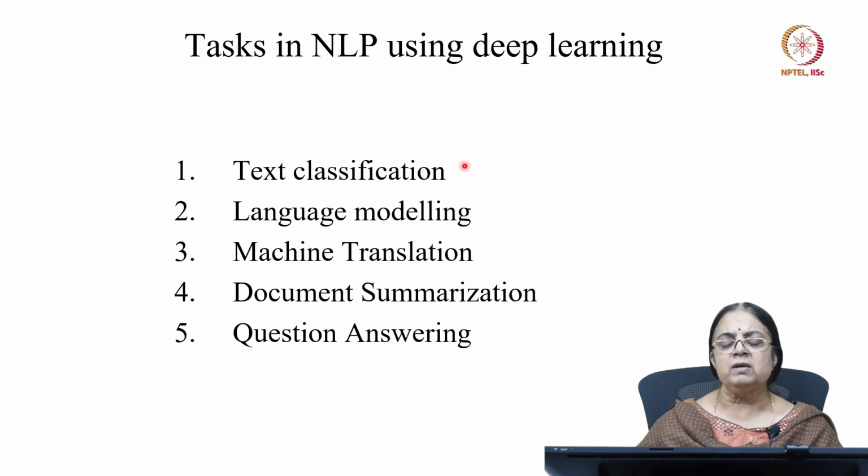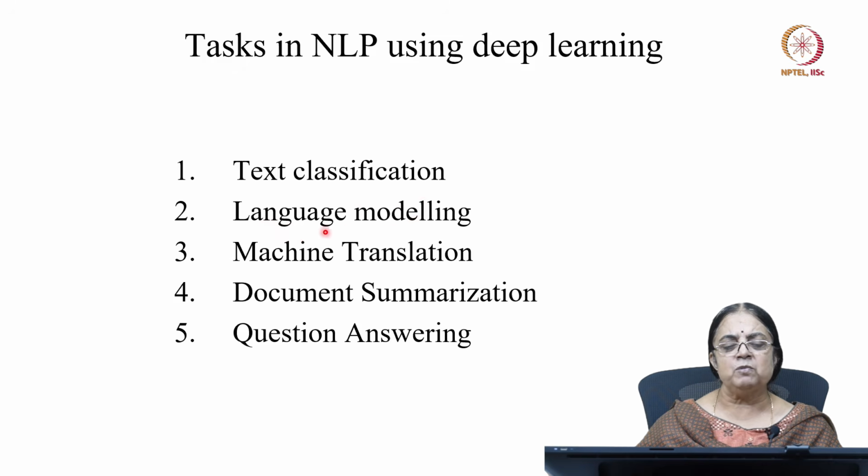Or, suppose we take computer science, you have a piece of text. This belongs to machine learning, this belongs to databases, things like that. So that is classification of text.